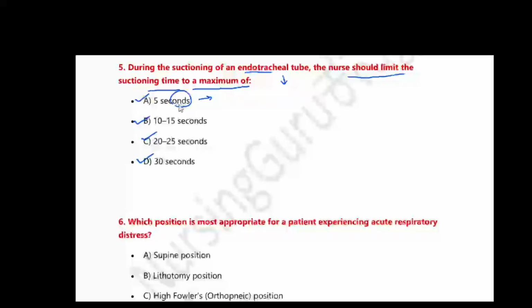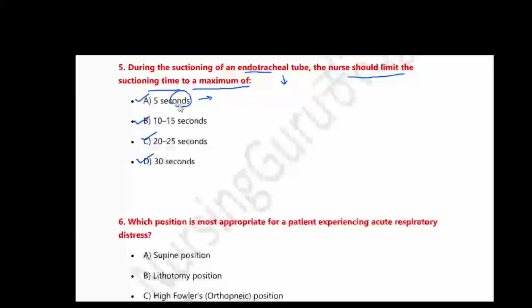or if you are doing it for too long, that may stimulate the vagus nerve. What happens when the vagus nerve is stimulated? It may cause bradycardia, or it may cause hypotension.